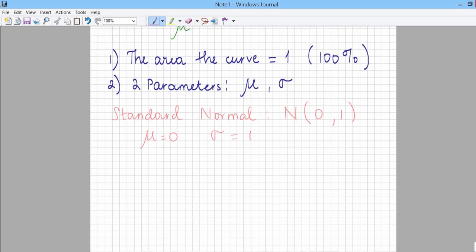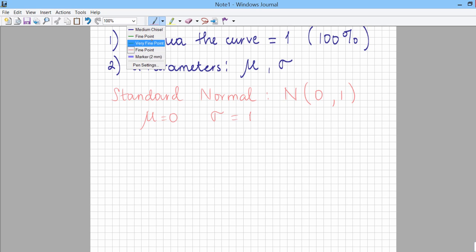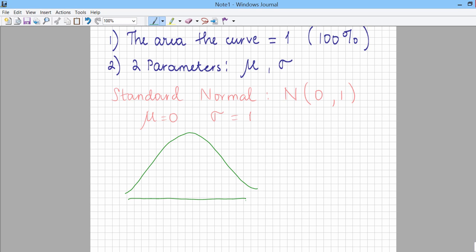Okay, so if I were to make a picture to represent this, I would have my bell-shaped curve. Mean is 0, so 0 would sit right here. Okay, and according to my empirical rule, if I go 3 standard deviations to the right and to the left, I'm going to cover almost all of the data, right?